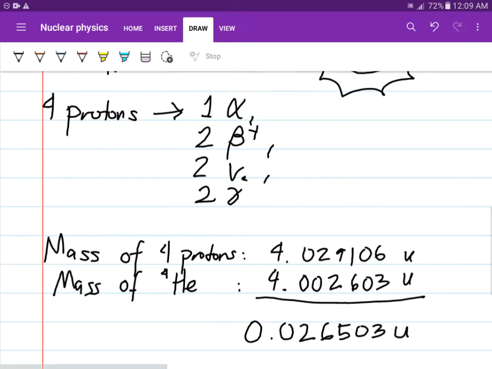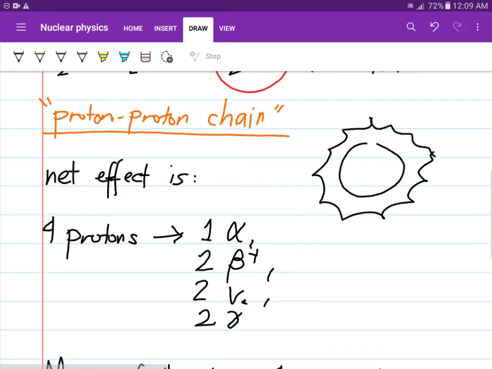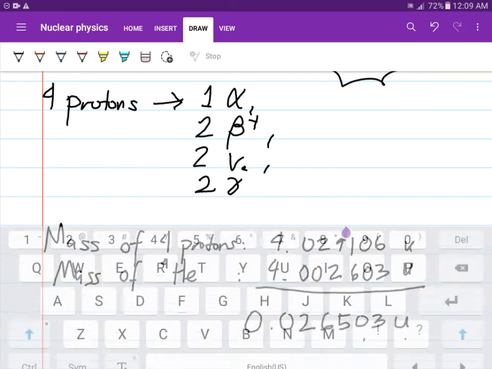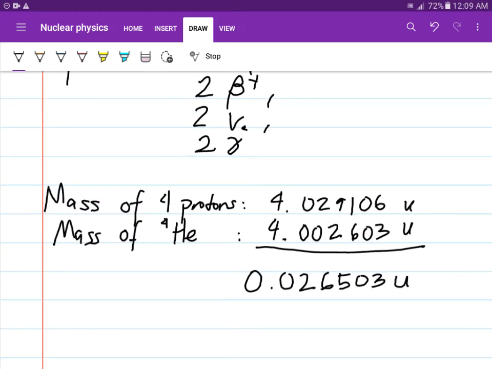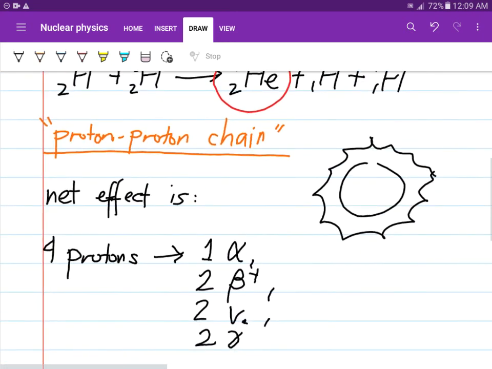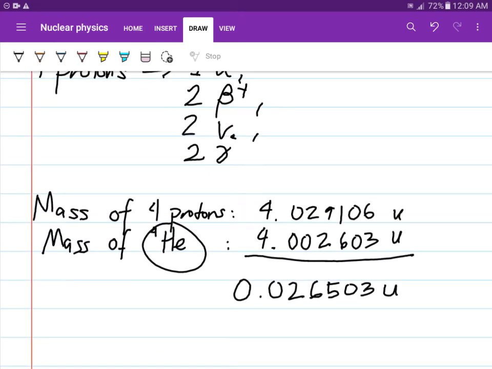So energy is being released from this nuclear fusion, and we can calculate it. The mass of 4 protons initially is 4.029106 atomic mass units, and the mass of the product, the helium product, or the alpha particle, is only 4.002603 atomic mass units.